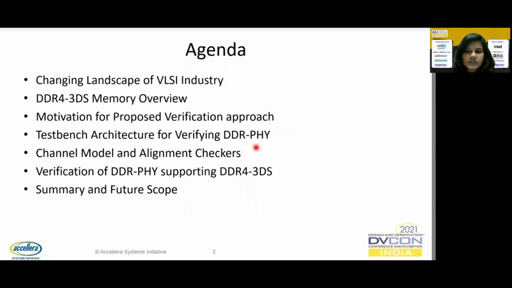The test bench architecture used for verifying the DDR5 would be discussed, and I will provide the details on how the channel model and the alignment checkers helped us in finding bugs early in the design during the verification of the PHY and gave us more confidence on design verification. I will end the presentation with a brief discussion of the future scope and followed by the questions from the audience.